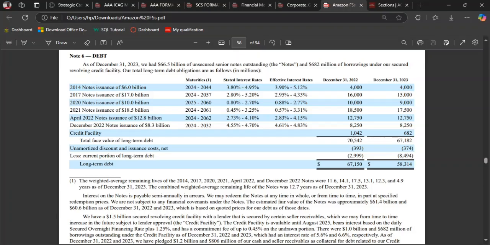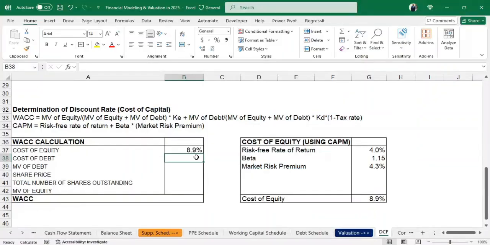So let's come back to our model and hard code 4.83%. Let me input 4.8 right there. Increase it to 1 decimal place. All right, so we are done with the costs. Now we come to the market values of our debt.